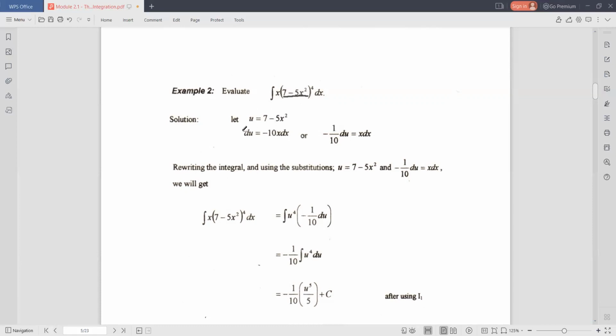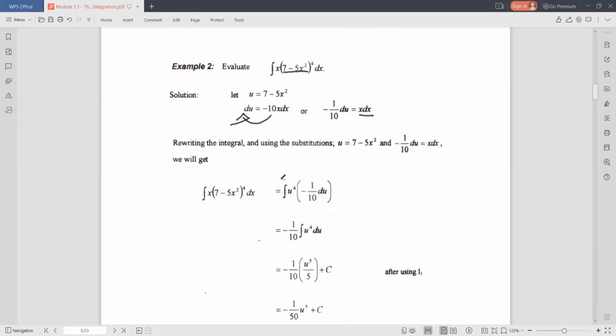Then we derive it. So the derivative of u, that is du, is equal to negative 10x dx, or that is negative 1/10 du equal to x dx. Okay, so we just transpose na natin sa kabila, no? Dito. Para makuha natin yung x dx.